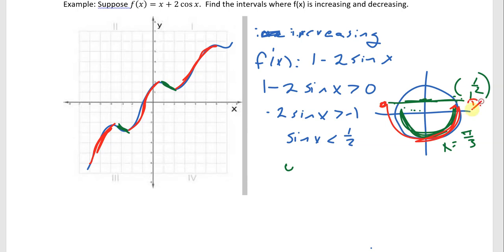So if this is pi over 3, and we go backwards, what's this one going to be over here? Well, this reference angle in here is pi over 3 as well. So if I want to figure that out, we're going to do pi minus pi over 3.